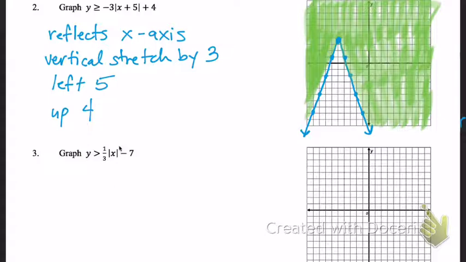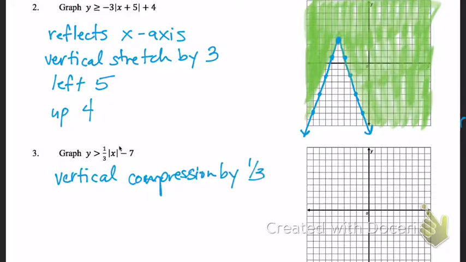Okay, last one would be a vertical, what, stretch or compression? Compression by 1/3. And then it would be down 7. There would be no left or right. So I start at 0, 0, I go down 7. It's facing upward because there's no reflection, so I'm going to go up 1 over 3 on either side.